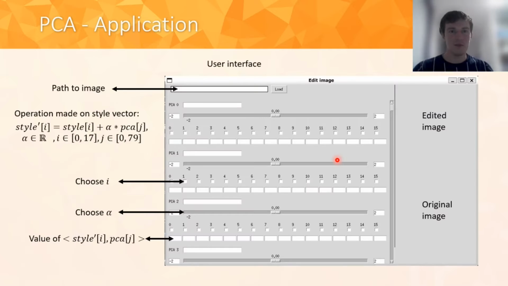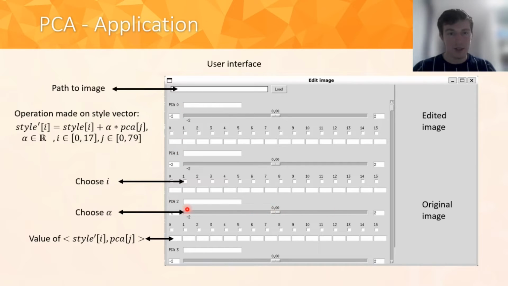To efficiently explore our latent space, we made a user interface with Tkinter. We load an image that we plot, and we plot the edited images. So we applied the transformation we talked about before on the encoded style vector. We show with the tick boxes on which levels we apply this transformation and with which PCA.